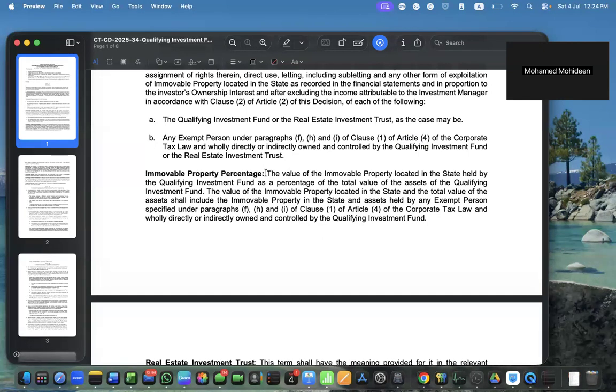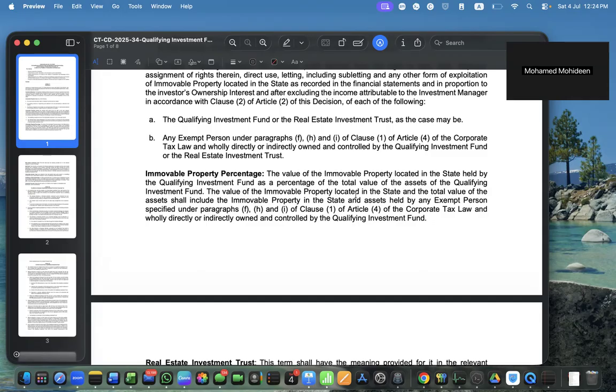Immovable property percentage is the value of that immovable property which is located in the state, which is UAE, held by the qualifying investment fund. This investment fund owns that investment property as a percentage of the total value of the assets of the qualifying investment fund.